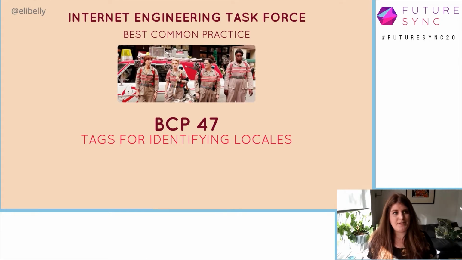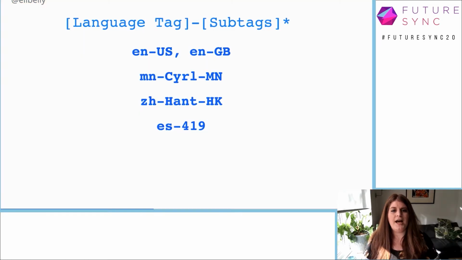What BCP47 says is that a locale tag is a combination of a language plus other subtags, which could be multiple. For example, in my list here, we have EN, the language code for English, as spoken in the US, versus EN, English as spoken in GB, which is Great Britain.